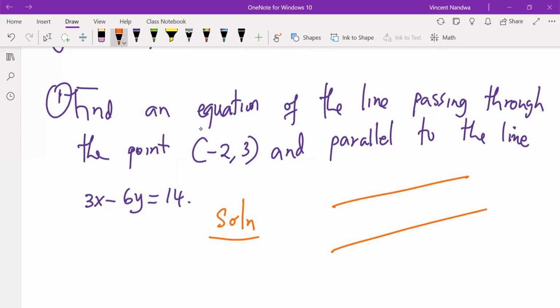We have a line passing through (-2, 3) that is parallel to this line, 3x minus 6y equals 14.